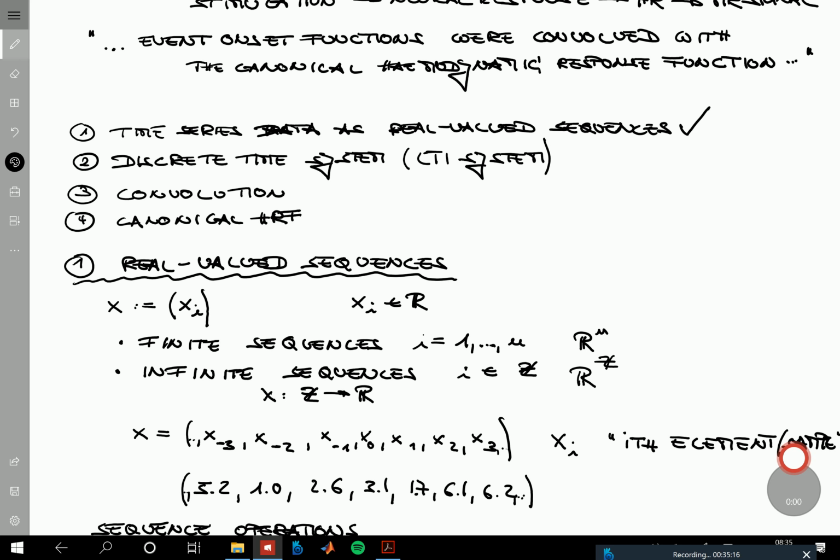Good. Then the next thing to introduce are discrete time systems. And discrete time systems are just functions. So if you are happy with what functions are, then you're already happy with discrete time systems, because these are just functions with a specific domain and a specific range. Namely, the domain are sequences and the range are sequences.